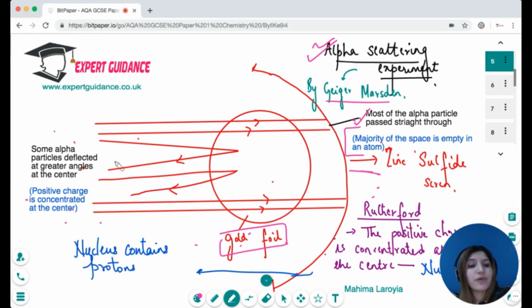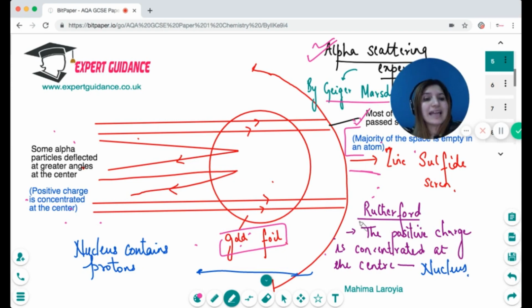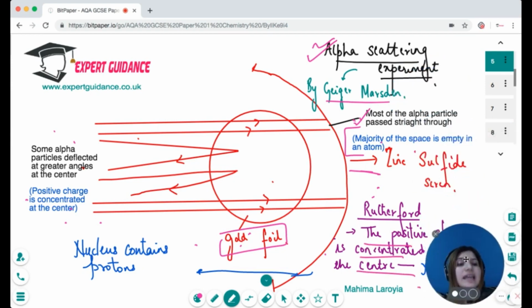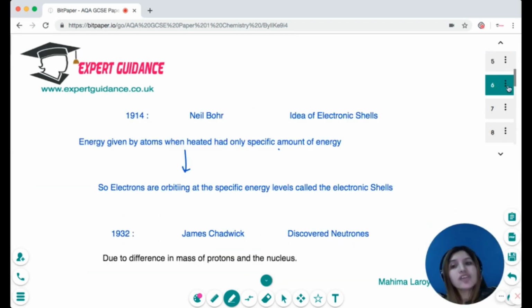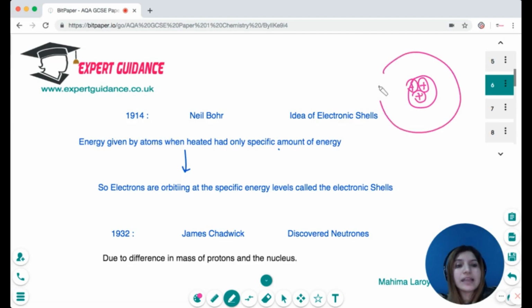So therefore, Rutherford modified the structure of J.J. Thomson, and he said that the positive charge concentrated at the center is the nucleus. So he refined the structure, and he said that there's a nucleus at the center consisting of positive charged subatomic particles, and then the electrons are revolving around this nucleus.